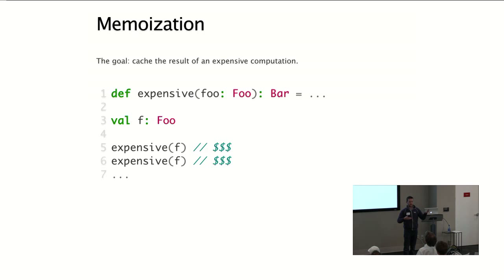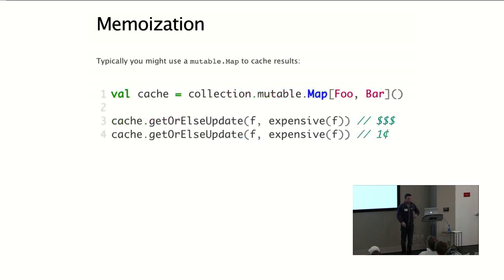If for every input I get the same output, in a normal functional language or anything, I get the same answer. That means I only have to compute the answer once, and then I can save it somehow, so I don't have to do it again. I'm trading space for time. Pretty much everyone has done this all the time. So in Scala, you might use a mutable map that you can add stuff into and take stuff out of.